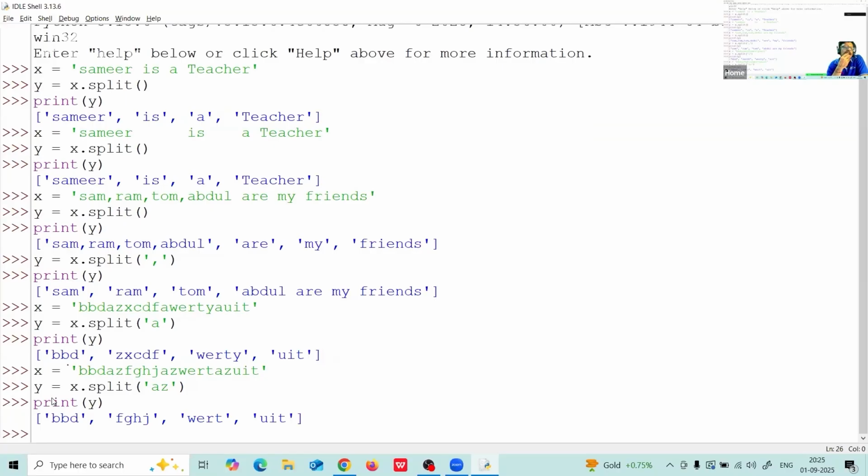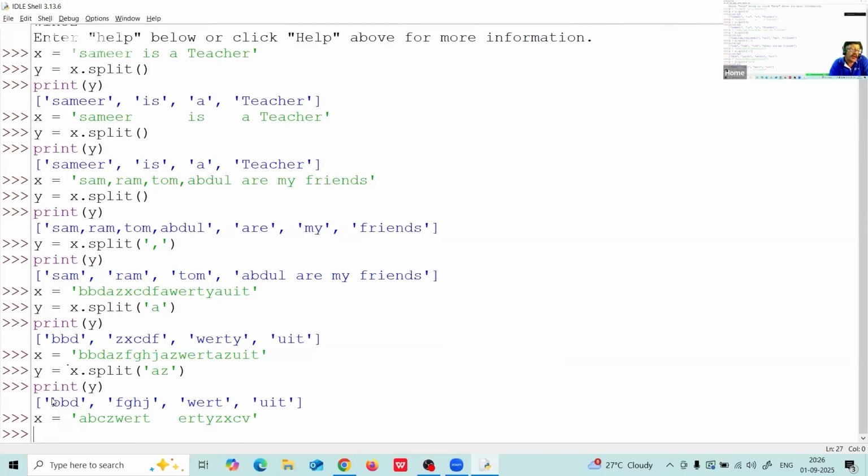Okay. Now, one question asked was that suppose I have a requirement like this, X is equal to, let's say, A, B, C, Z, then W, E, R, T, space, 2 or 3 spaces, then E, R, T, Y, Z, then X, C, V. Suppose this is my string.